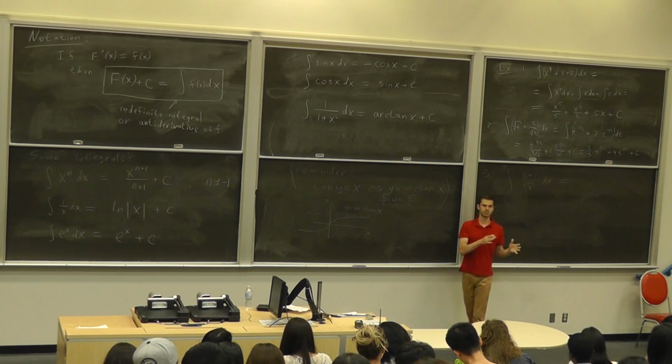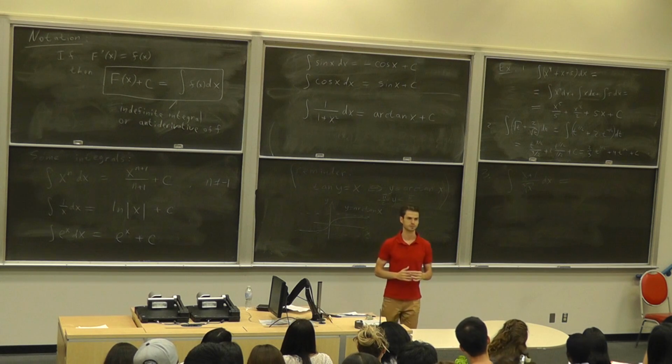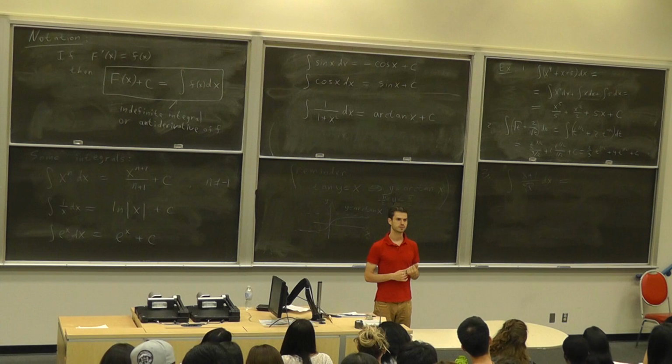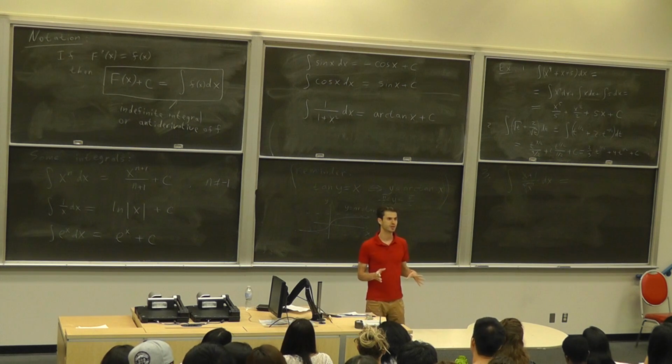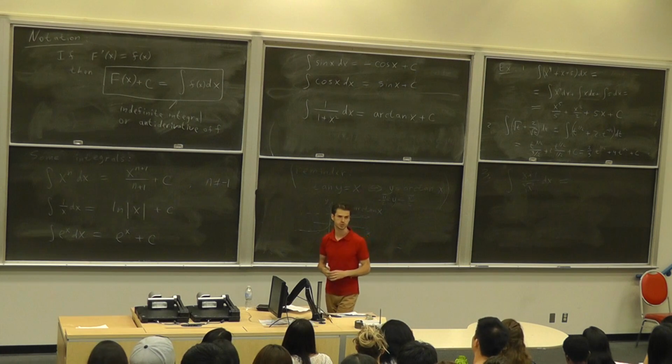But we can transform this expression into a form which is a sum of functions which we can integrate. So how can we do it? Right now this function looks like a quotient of two functions, and we don't have a rule for the integral of a quotient.